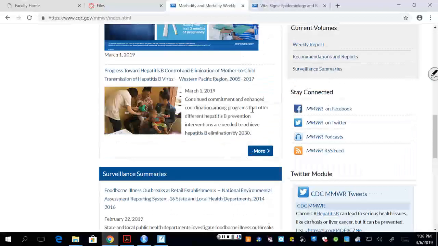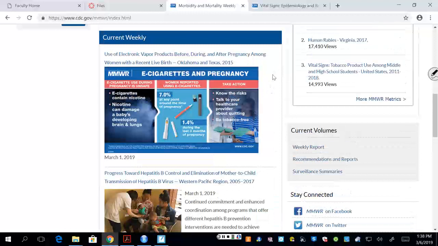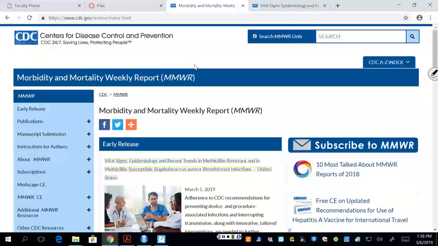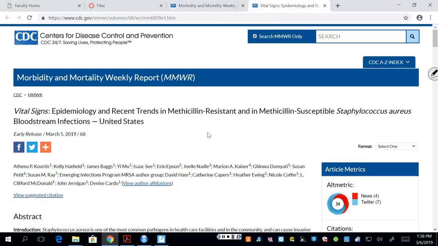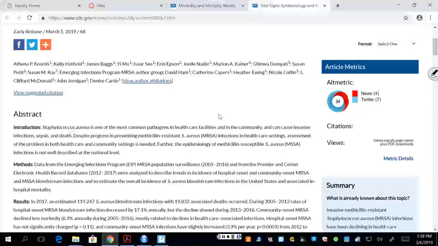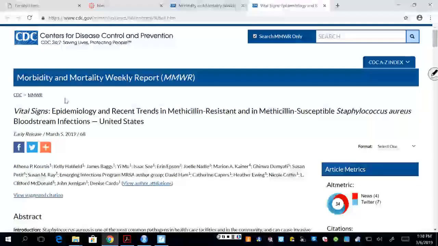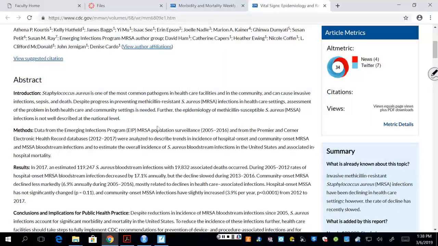They had another report on how much women are using e-cigarettes and things like that. So any of these have different proportions, different confidence intervals, different significance tests from hypothesis testing.